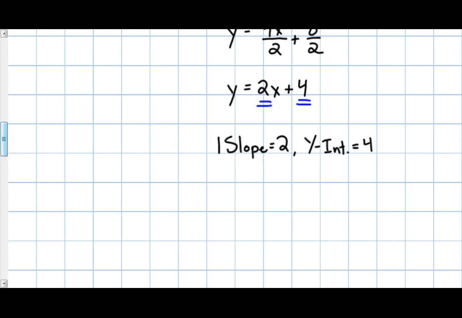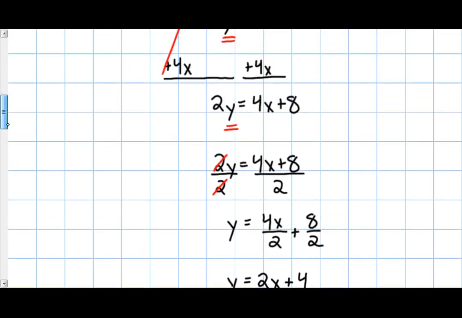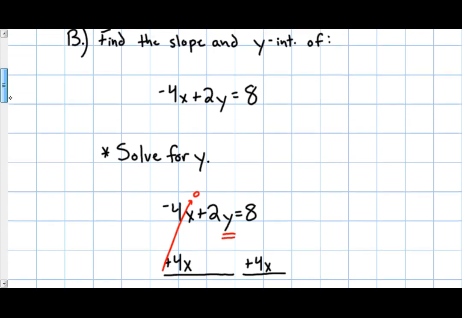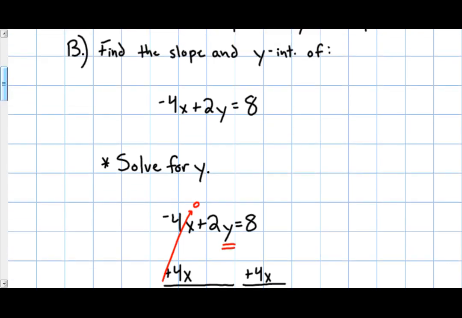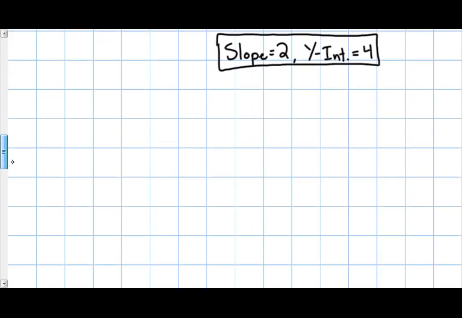Y-intercept equals 4. Let's go back so we can sort of review. All we did is we took our equation up here and we isolated the y variable. So a little bit of algebra, and there we go.